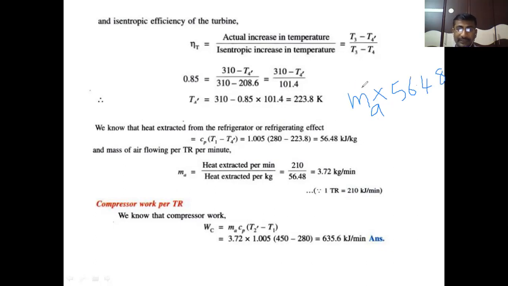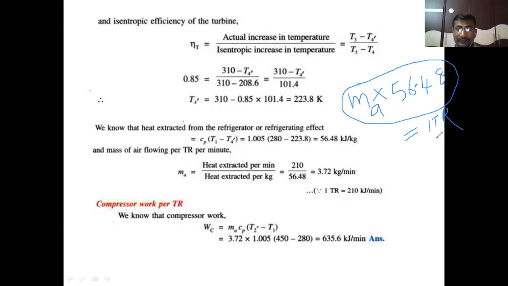But we know that MA is the mass of air. Multiplied by mass, 56.48 into mass, we will get the total heat extracted per minute. The total heat extracted per minute per ton of refrigeration, 1 ton, is equal to 210 kilojoules, that is equal to 1 TR.